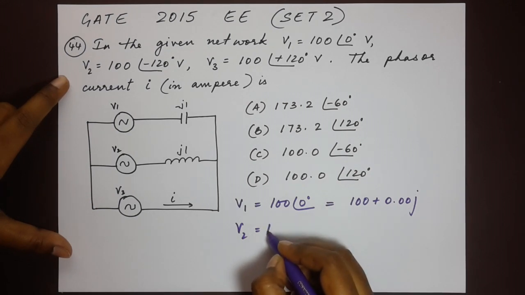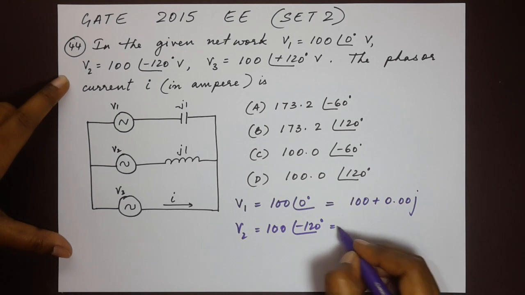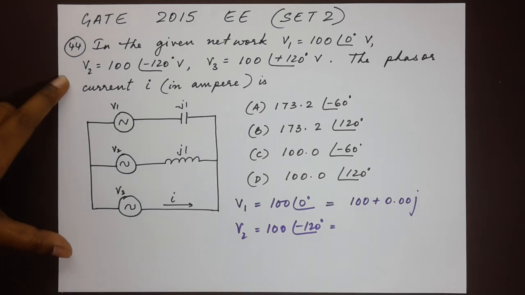V2 similarly is 100 angle minus 120 degrees. Now you can either do it manually or you can use your calculator, the best being the calculator, since it does all the work for you. It's easier that way.